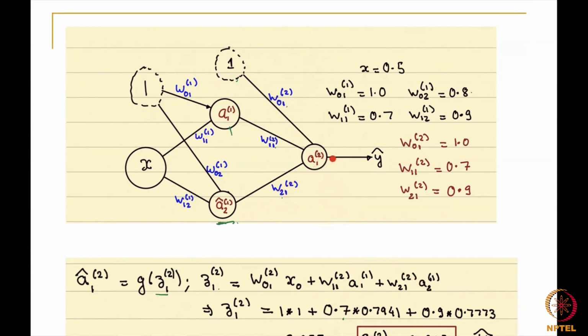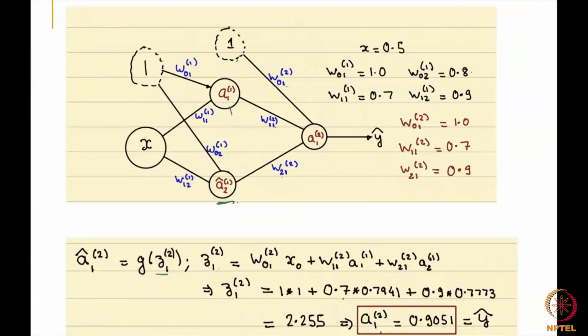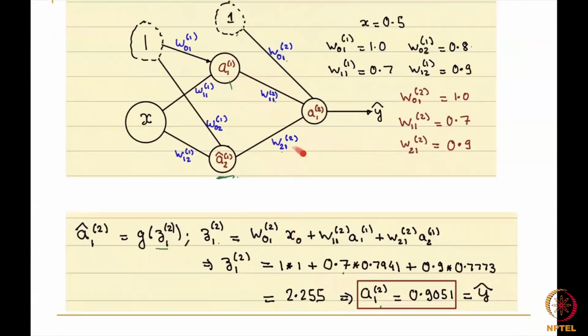Fairly simple. Do the calculation. I have written exactly the same thing as what existed in the weights here, 0.7 times, now remember, this value was 0.7941, which we already computed, and this value was 0.7773. So you add all those, you get the linear activation as 2.255. Do a non-linearity on top of that, you get A12 is 0.9051.